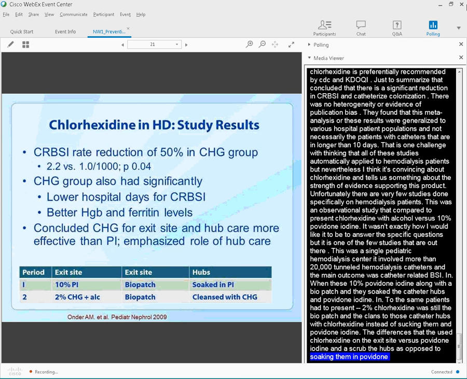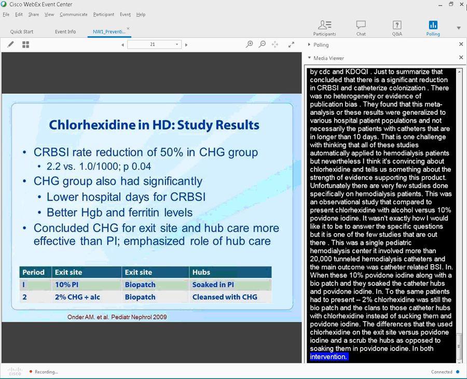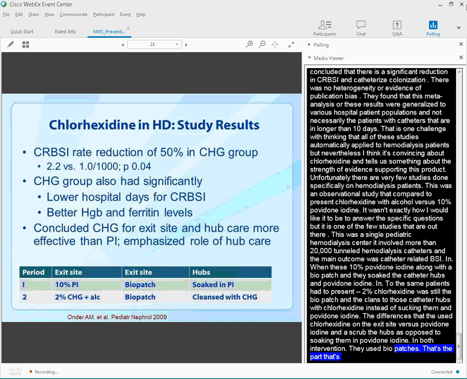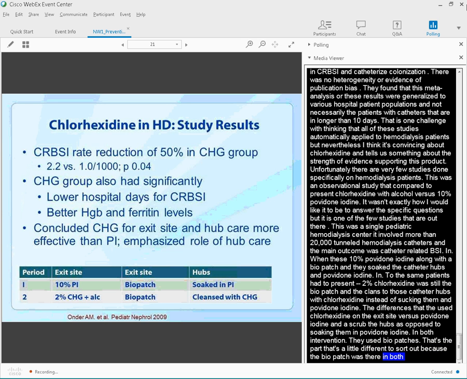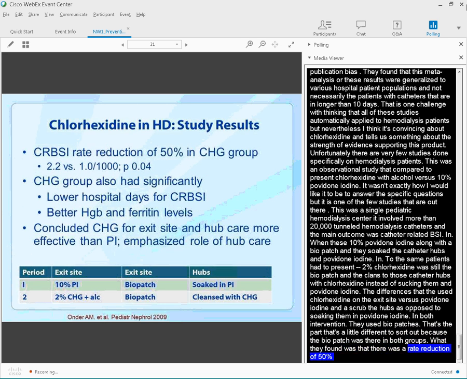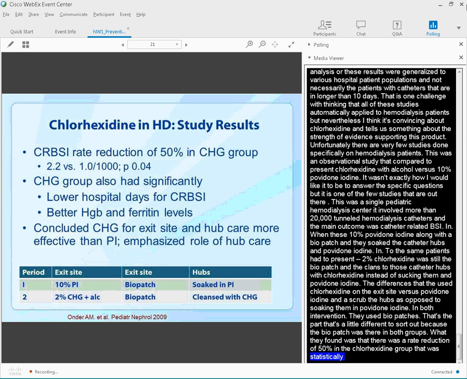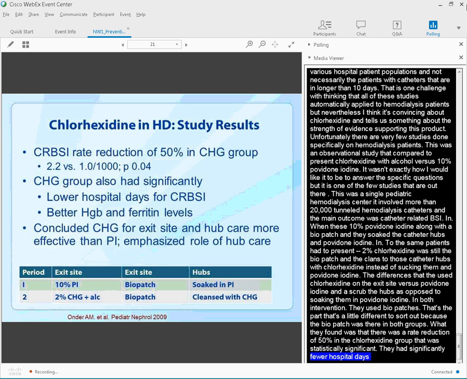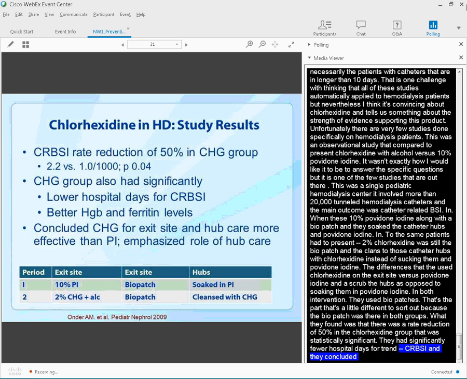So that's the part that's a little bit difficult to sort out because biopatch was there in both groups. But what they found was that there was a rate reduction of 50% in the chlorhexidine group that was statistically significant. The chlorhexidine group also had significantly fewer hospital days for CRBSI, and they concluded that chlorhexidine for exit site and hub care were more effective than povidone-iodine, and they emphasized the role of catheter hub care.